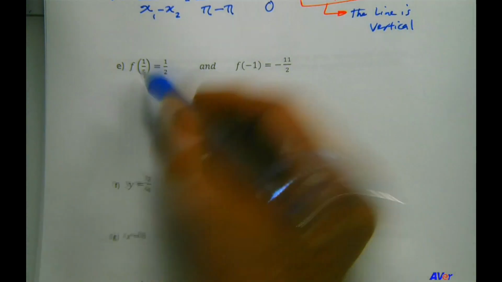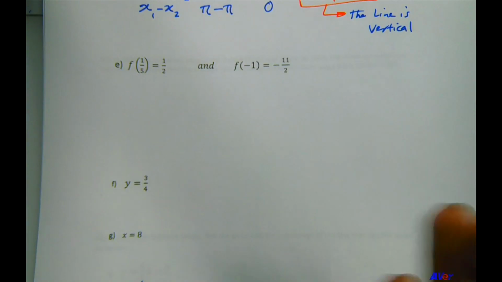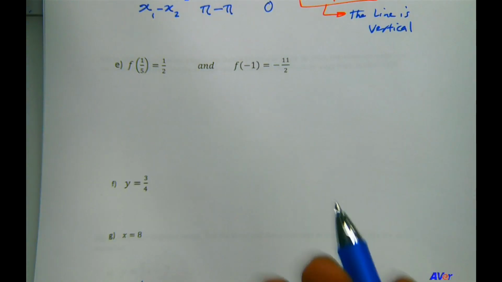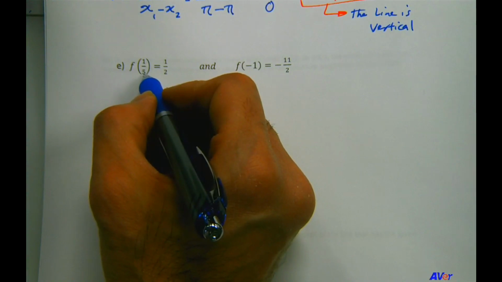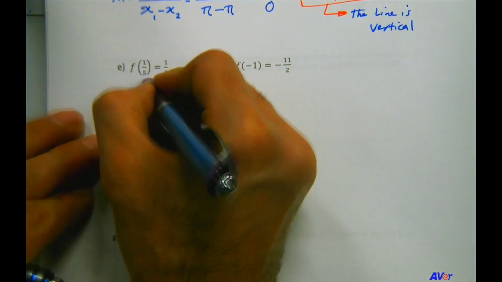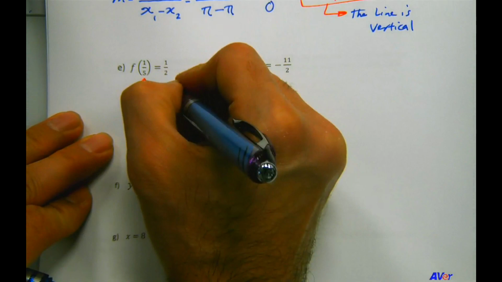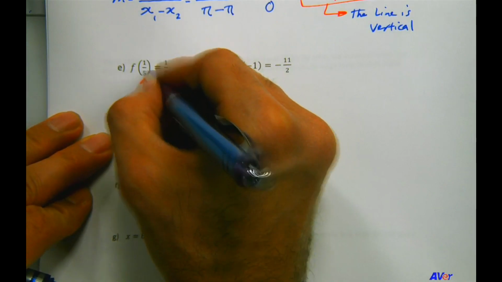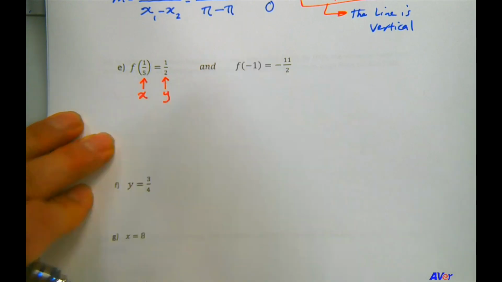So here, this is another way of showing the x and y values for a point. Okay, so instead of saying x and y is like this, they say f at 1/5 equals 1/2. So what they're really saying is that 1/5 is the x value, and this 1/2 is the y value.